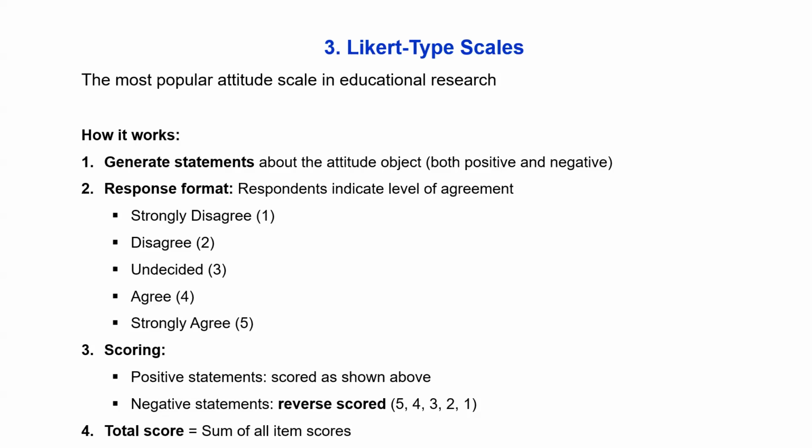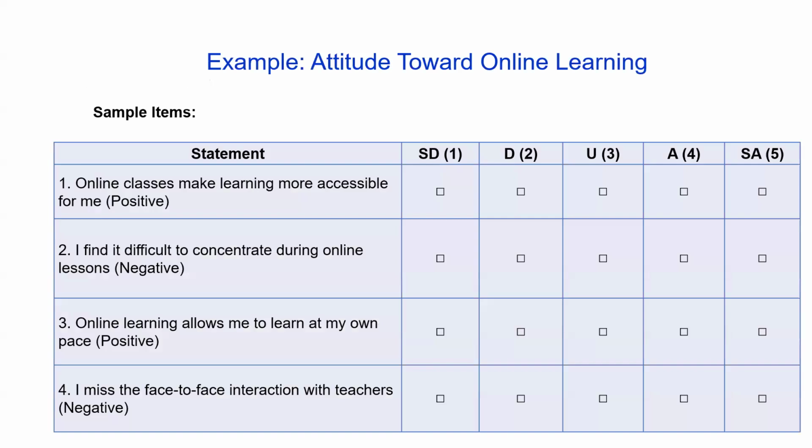Let's see what that is with an example. This is regarding attitude towards online learning, where you have real experience of it. Online classes make learning more accessible for me. This is a positive statement.